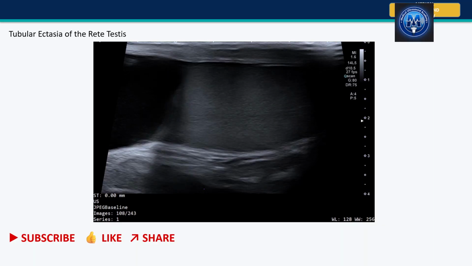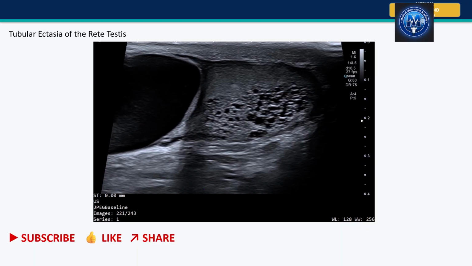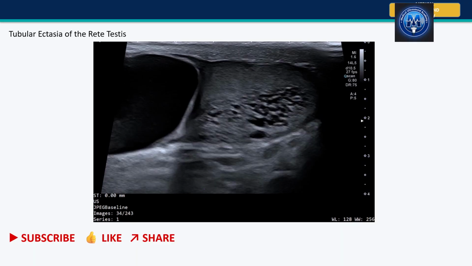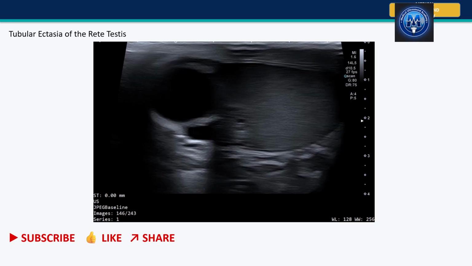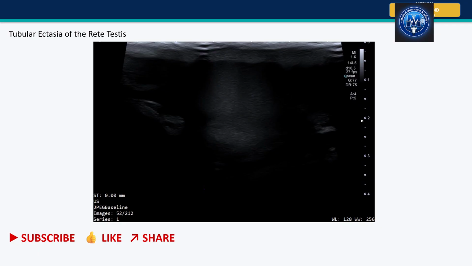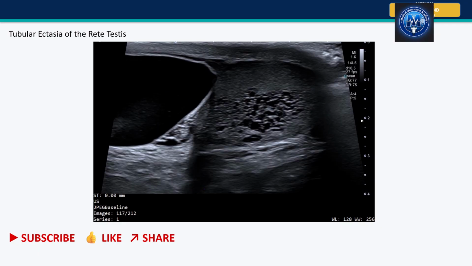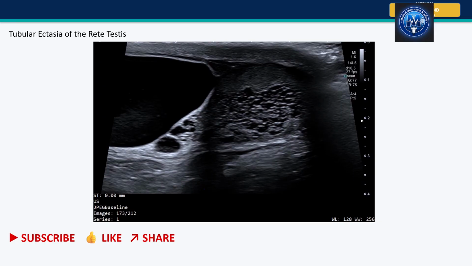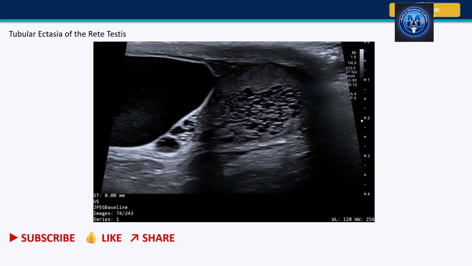But my suspicion here is the Rete Testis are dilated because of the encysted hydrocele that we have there. That's my suspicion, because this patient has no history of a vasectomy.